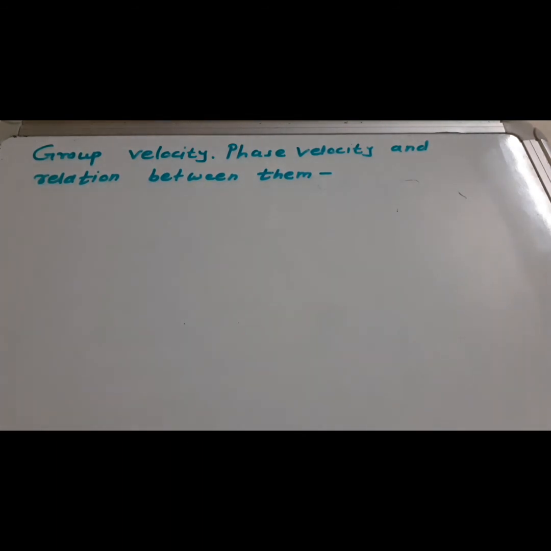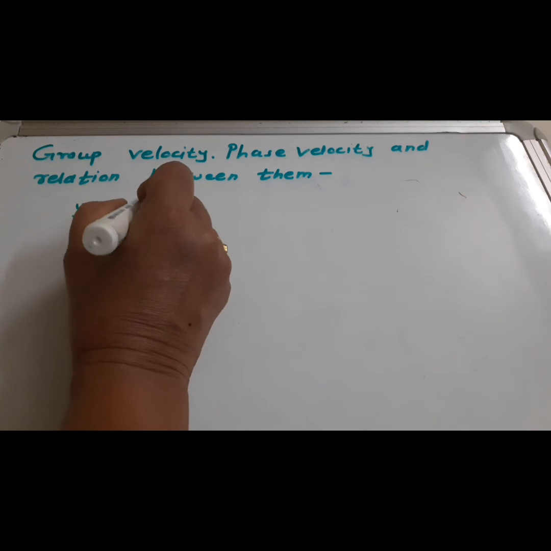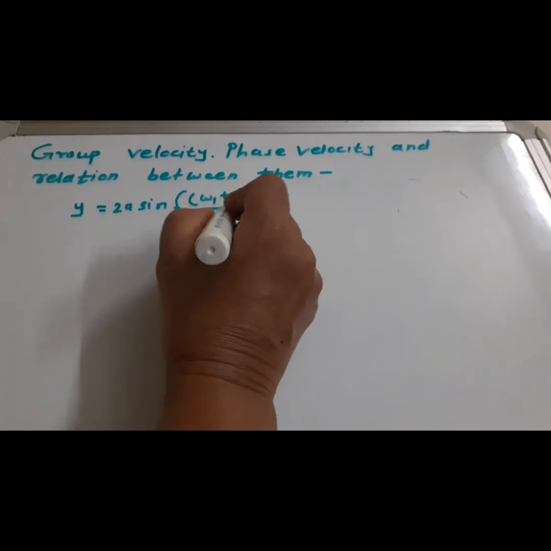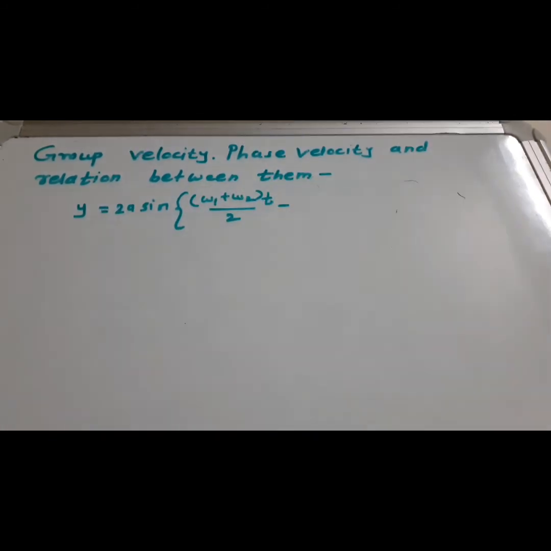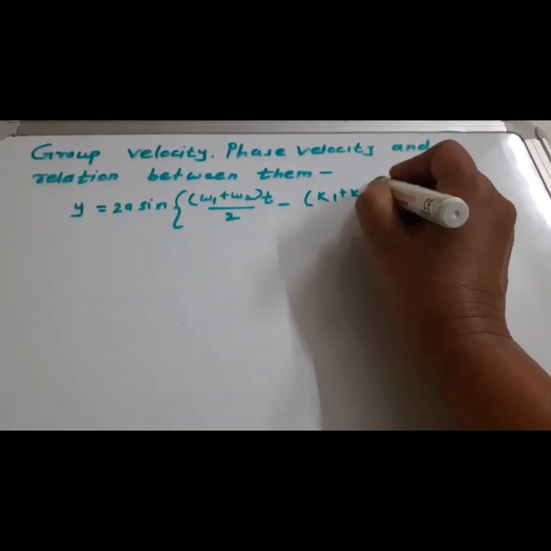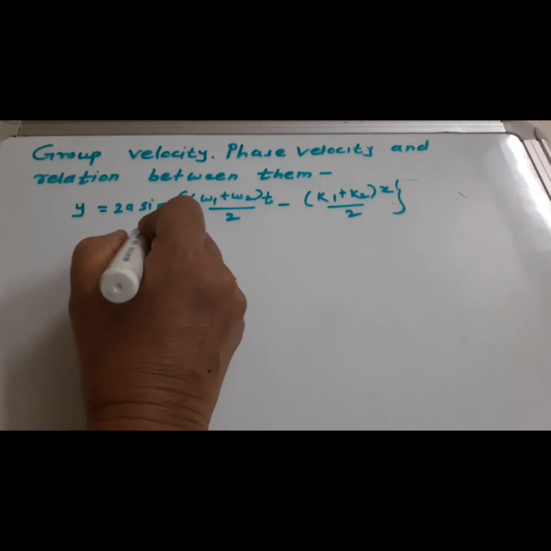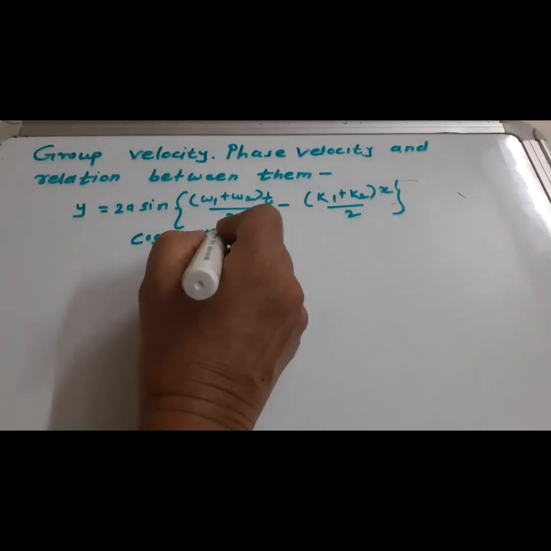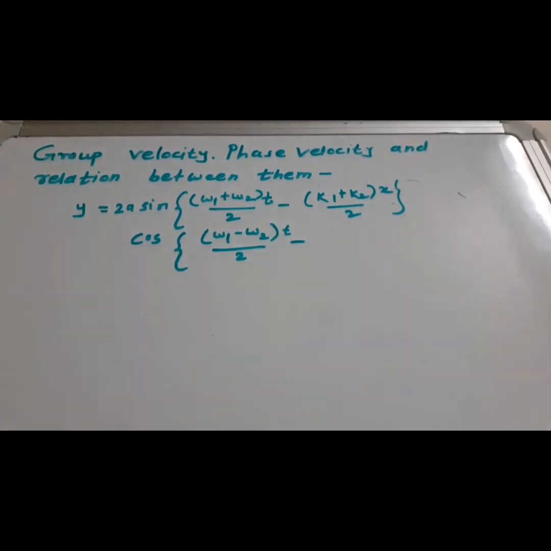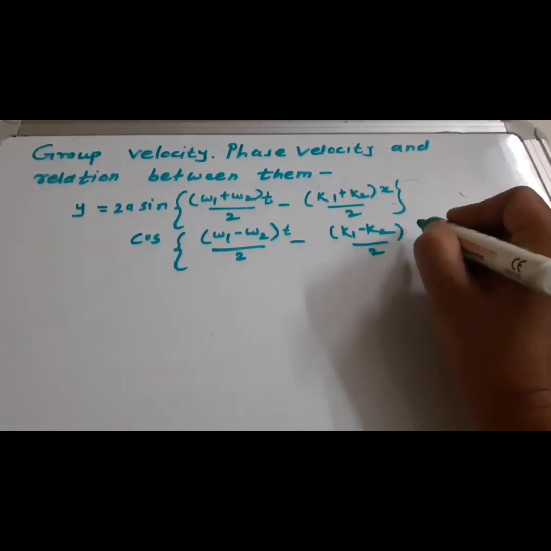By using this identity, we solve this resultant wave equation. Therefore, y is equal to 2a sin[((omega 1 plus omega 2)/2) t minus ((k1 plus k2)/2) x] cos[((omega 1 minus omega 2)/2) t minus ((k1 minus k2)/2) x].